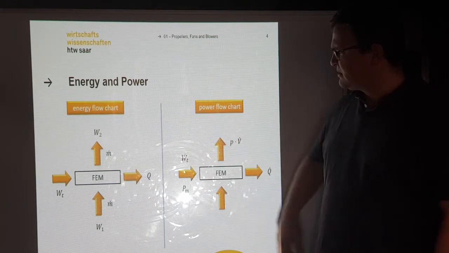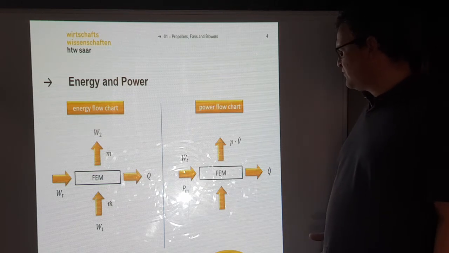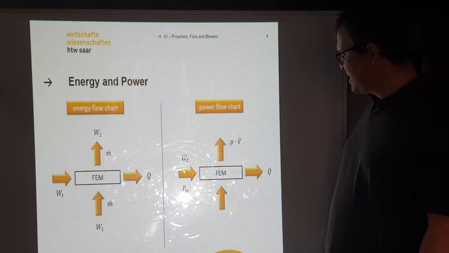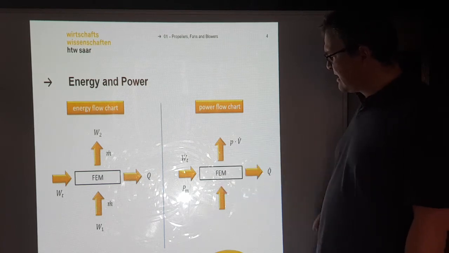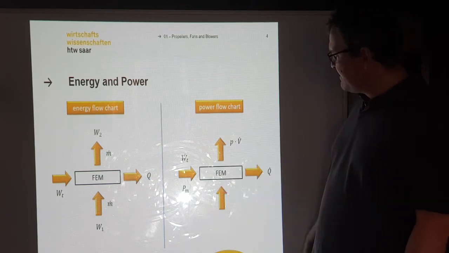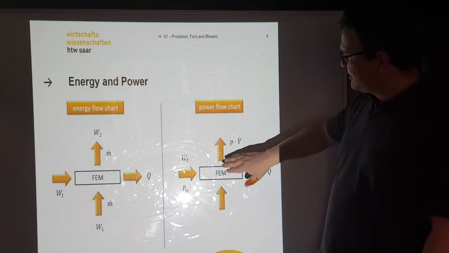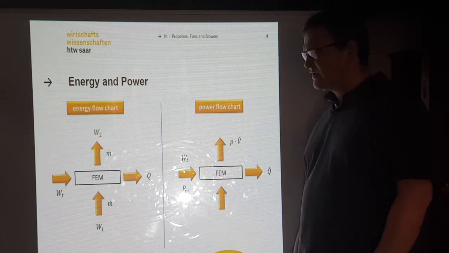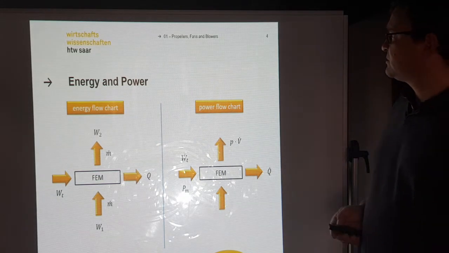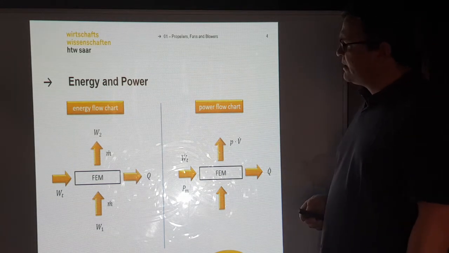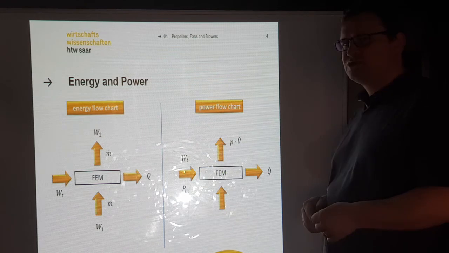You see it here, W dot for work, derivation of time. And here always we can have a heat flow that comes outside the system, but in general we will also have a part of power that is being used for our purposes. Okay, that's in general what we should do here.